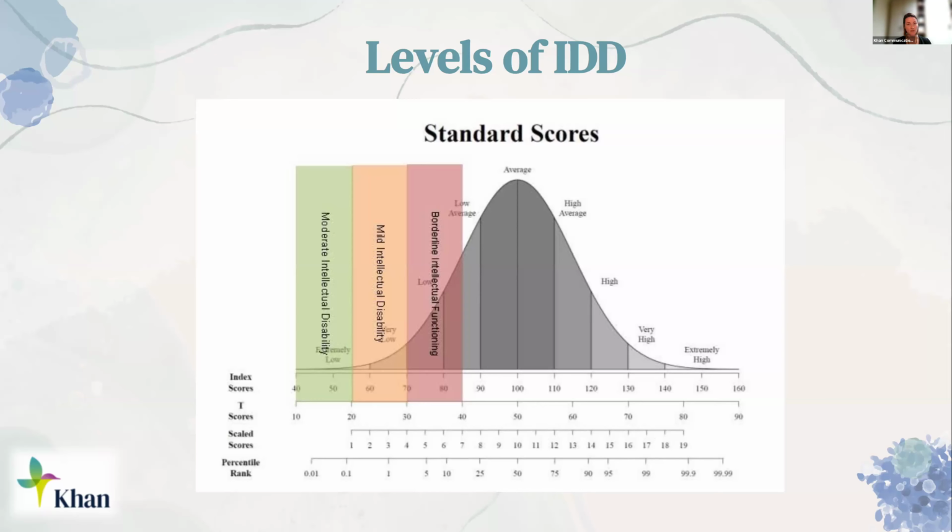So within each level of delay, we see that strengths and needs are going to vary no matter what the student. So important to note, we've got these bars here, but labels here are not going to define a student's potential. And a very motivated student with a mild delay could actually, with their strong family support, achieve high school completion or other milestones that maybe average cognitive ability students achieve quite easily.